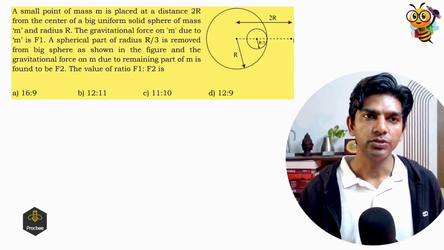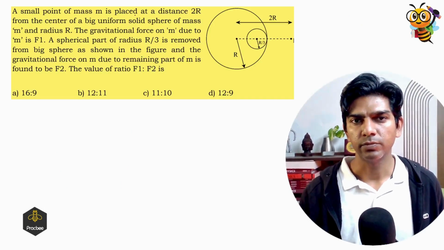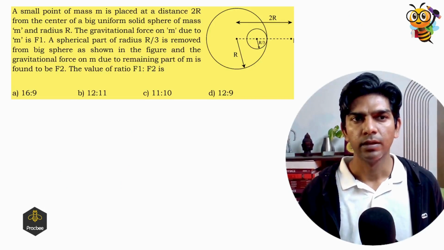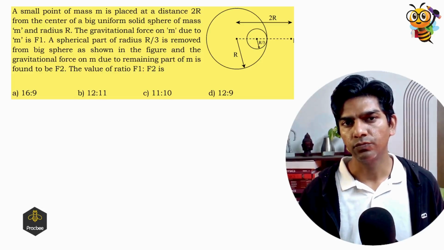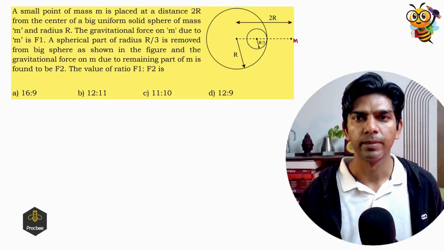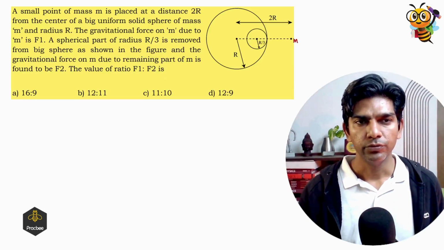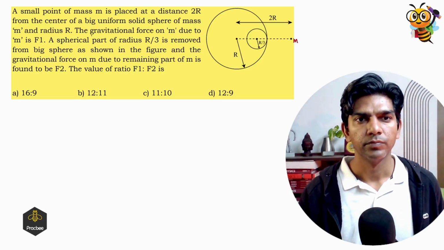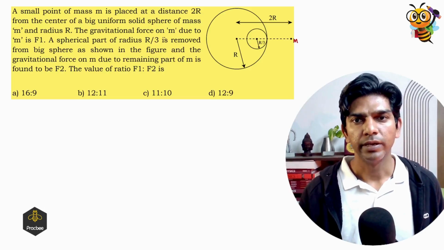Now let us see this question. A small point mass m is placed at a distance 2r from the center of a big uniform solid sphere of mass m and radius r. So there is a mass m here, right? Both have the same mass.